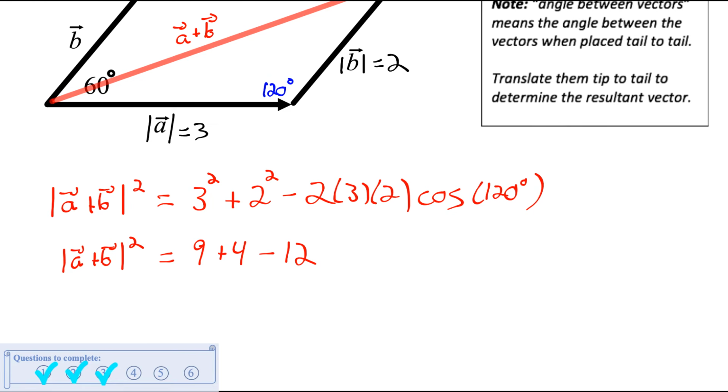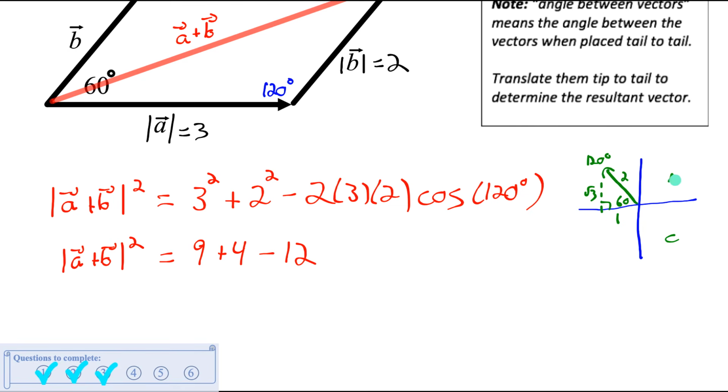Oh, and cosine 120, I could get an exact value for that. Remember your special triangles and your CAST rule. If we were to rotate 120 degrees, that would land you right here with the reference angle of 60. And if the reference angle is 60, I know that's a special triangle where the side lengths are 2, 1, root 3.